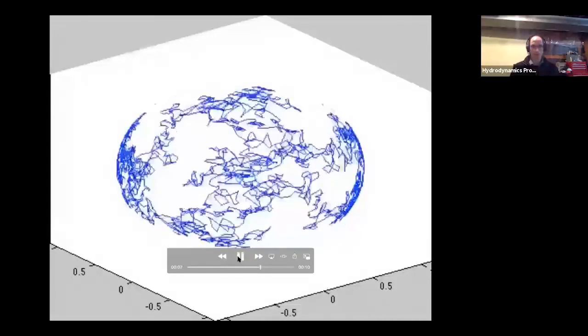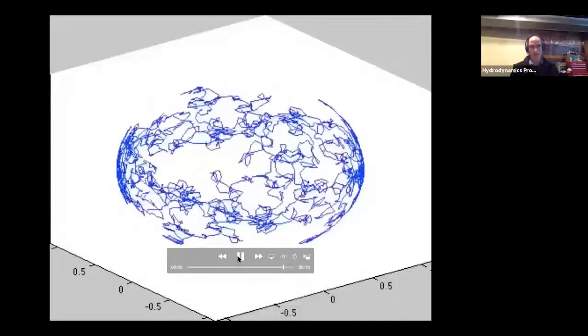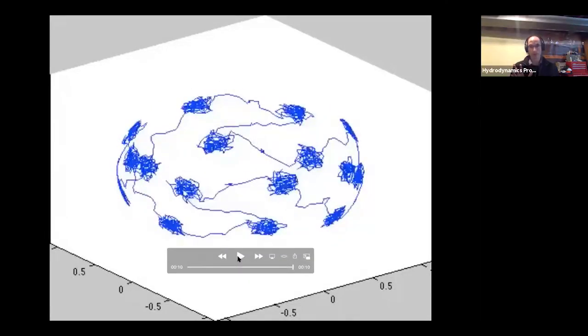It's going to stop at the same time the last animation stopped at, when the flow itself appeared roughly polygonal. And so we can see here the tangent vectors are concentrated around maybe 12 points on the sphere, corresponding to a nearly 12-sided polygon in three-dimensional space.